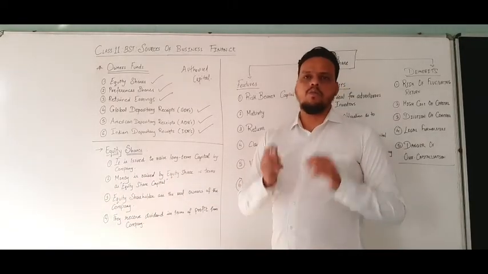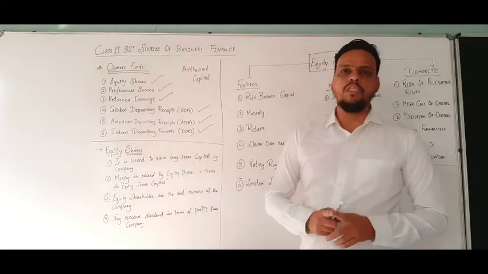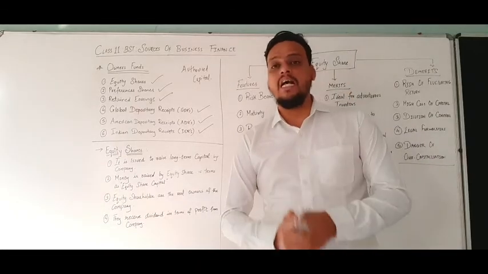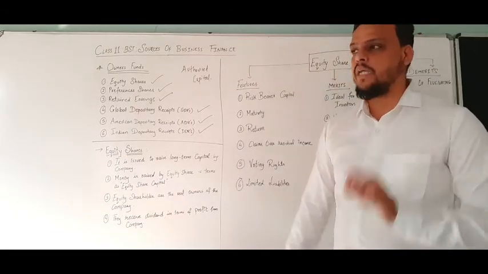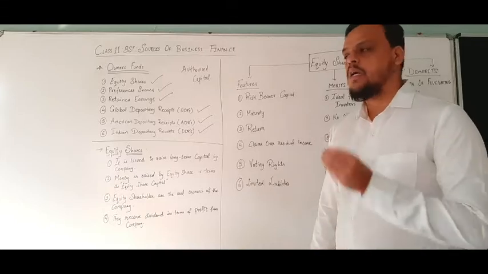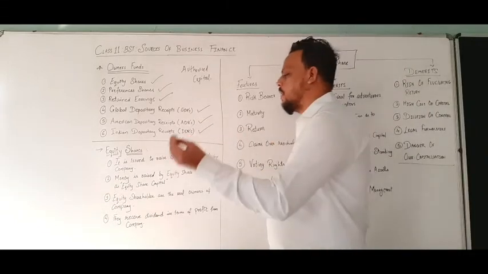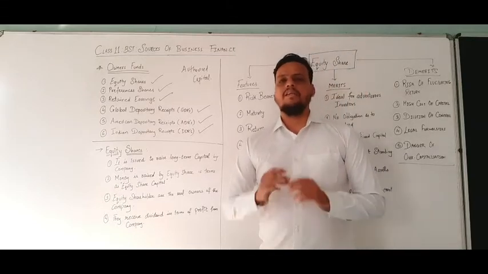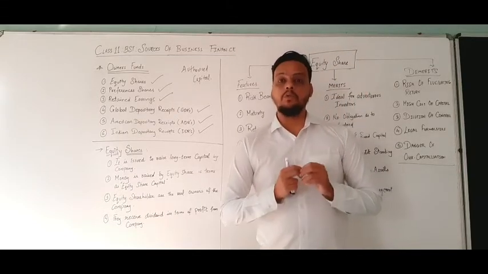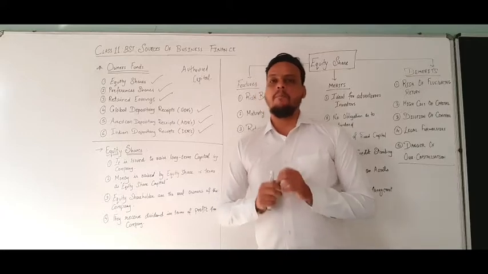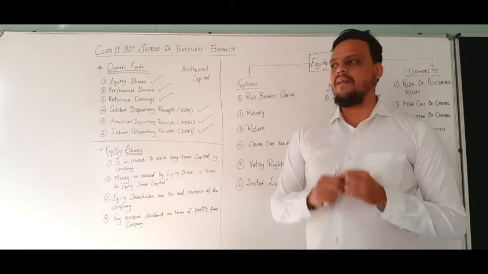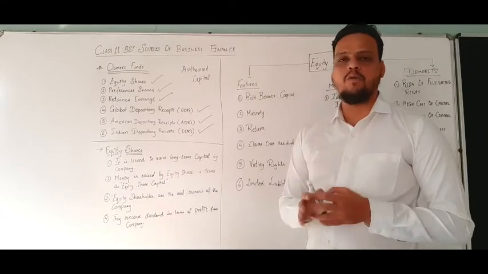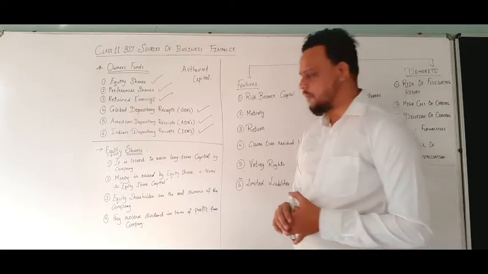Those persons who have purchased equity shares are known as shareholders. Shareholders are the real owners of the company. That means the person is investing money, taking huge risk for the company. The company needs to work hard, make profits and give them back to shareholders as profit benefits.